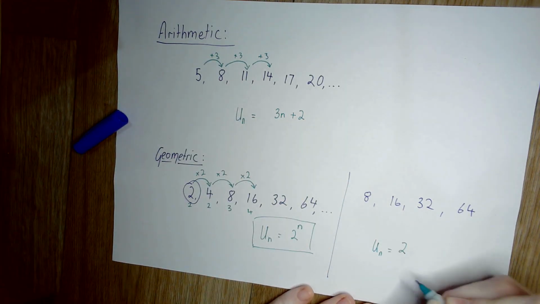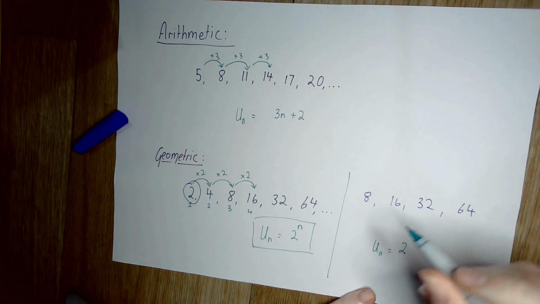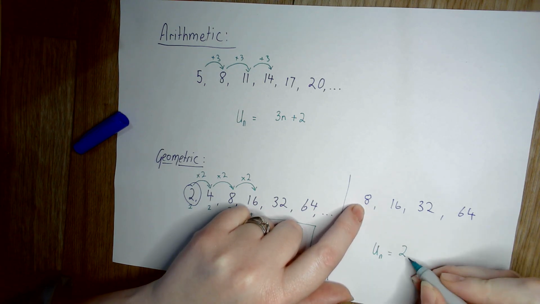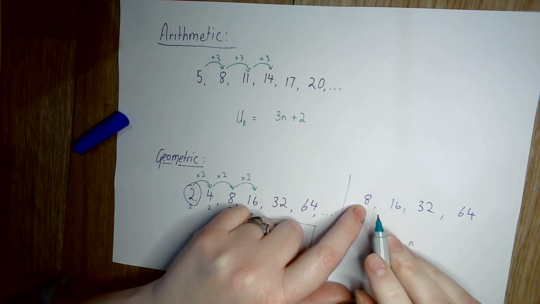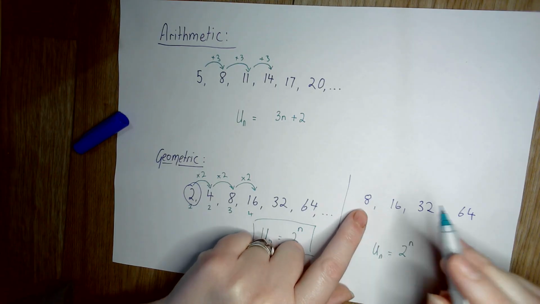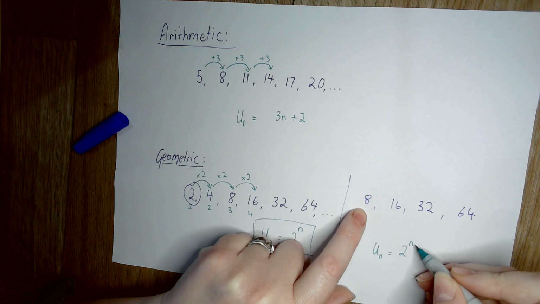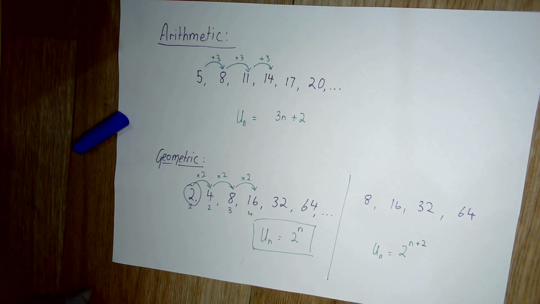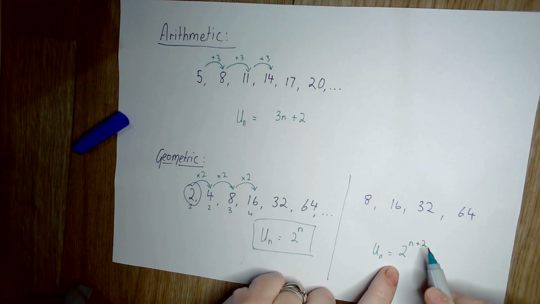We want to make it start at 8, this is now our first term. So 2 to the power of what is 8? Well, we know that 2 to the power of 3 is 8. So we need to go from n to n plus 2 here. So we've gone up 2.